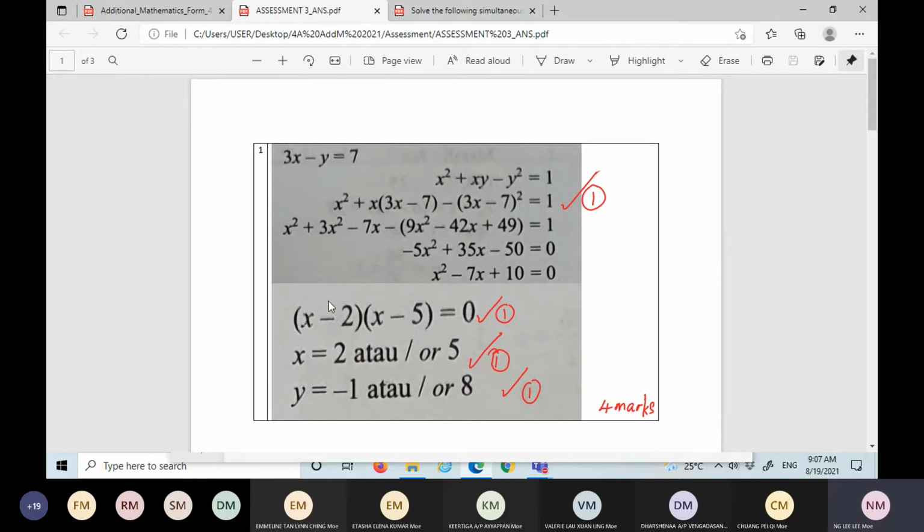This part must show. Even though you are using a calculator to get the answer, if this is not a whole number, then it is not factorization anymore, this one will use the formula: negative b plus minus square root of b squared minus 4ac, over 2a. So you have to remember this part always. We will catch you on this part. Okay, so this is for question number 1.